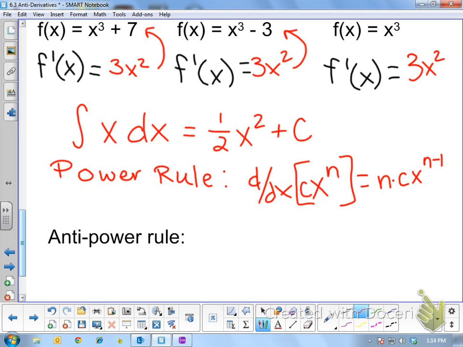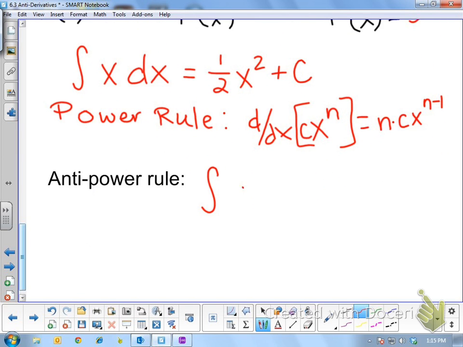We need to do this process backwards. So, if I want to integrate cx to the n dx, I want to go backwards. How would I get from n minus 1 back to n? Add 1. So we know we're going to end up doing n plus 1.